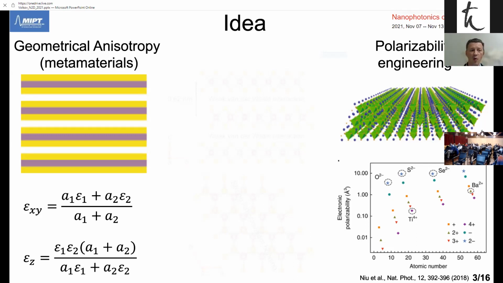Therefore, we are going to look for materials which have both of those features: they have geometrical anisotropy, and they have a high polarizability of the atoms.